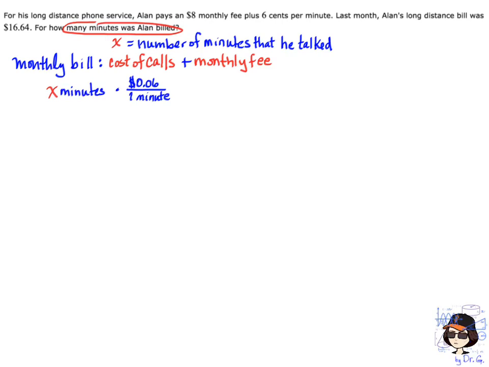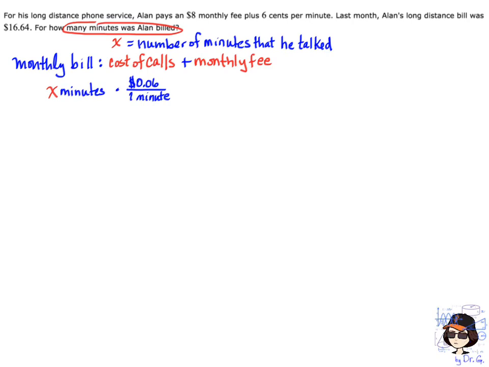So minutes is in the numerator, and since we're multiplying by another fraction that has minutes in the denominator, those minutes would cancel, and all we'd be left with is dollars, which is good because we're talking about a bill, and we want dollars to be the only thing left. We don't want minutes to be there.